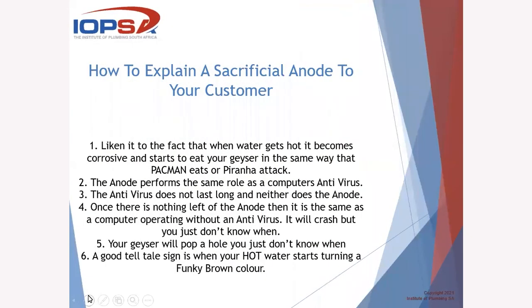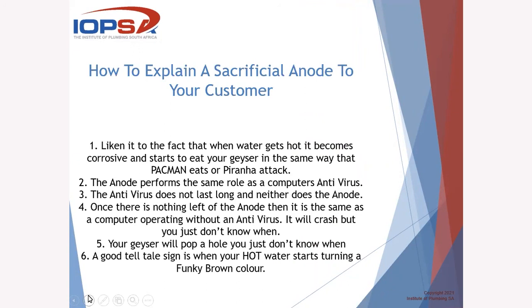So I like to explain, in the beginning I spoke about the electrochemistry of the anode and where oxidation occurs and all that. Within 3 words, you've lost your client. So just keep it simple.